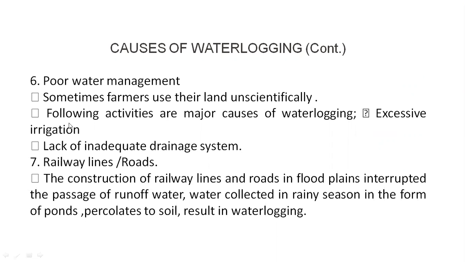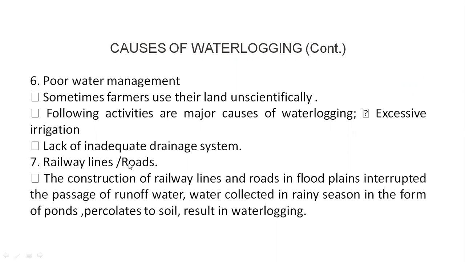For example, they do excessive irrigation, using too much water, which leads to waterlogging. Inadequate drainage is also a reason. When farmers are unable to make a proper drainage system, the water will remain and be the reason for waterlogging.